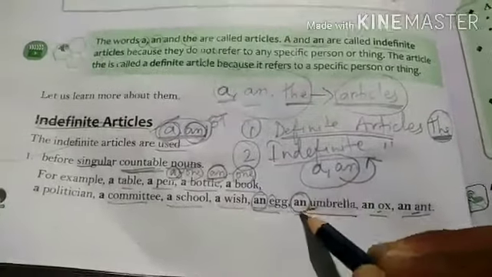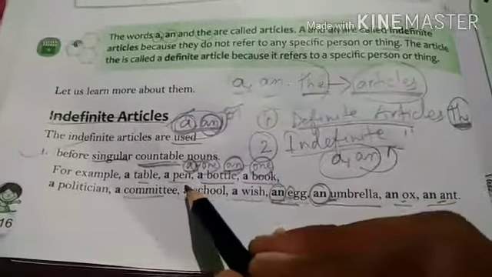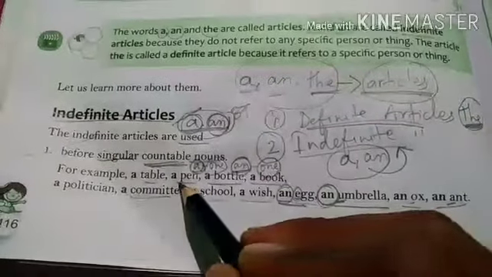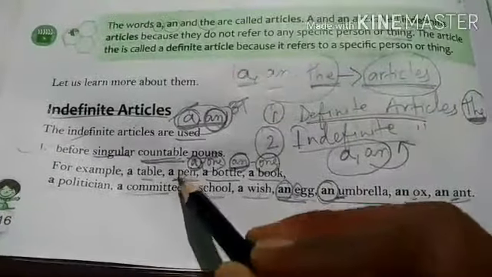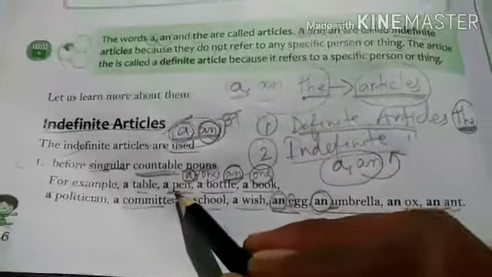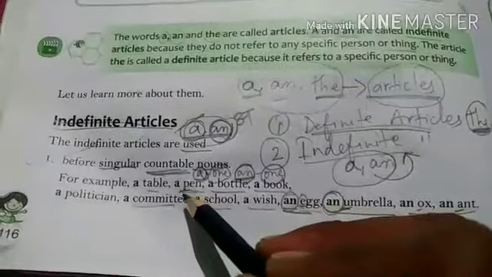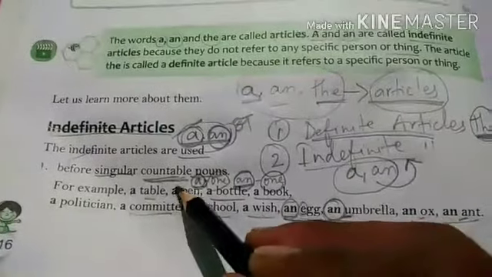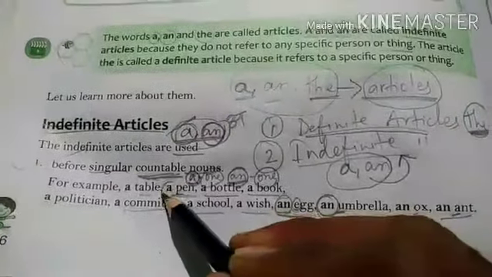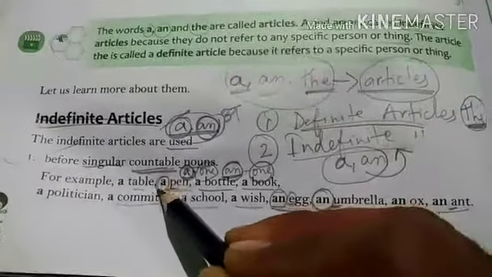And before all those singular nouns that start with a consonant, not only consonant but also consonant sound, before the consonant-sounded nouns, we use the indefinite article a.